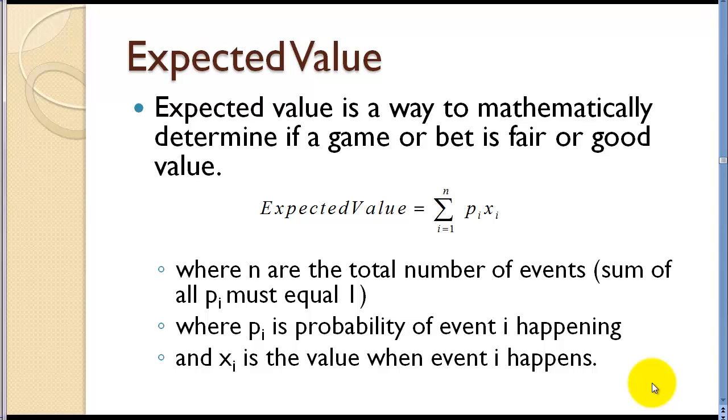So essentially what we're going to do is for each possible event or outcome, we're going to multiply the value for that outcome, which is the x sub i, times the probability of that outcome happening. And then we just add all those values up. And we're looking at the value when we get that to make a decision on good or fair. So that'll be a little easier if I look at this next example.